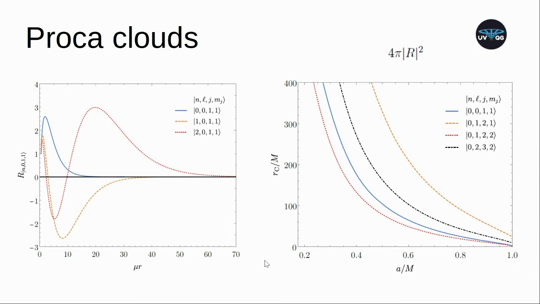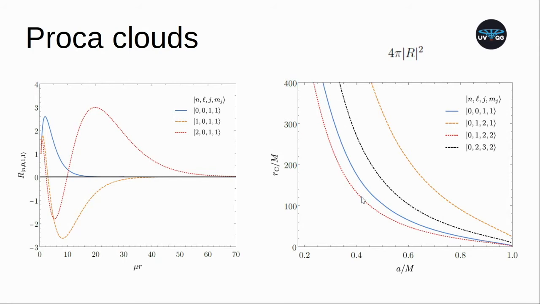We also want to know how these clouds distribute around the black hole, so how far they are from the horizon. In order to do that, we plot this radius RC, which corresponds to the value for which this function has a maximum. We see that as the angular momentum of the black hole goes to 0, this RC goes to infinity.